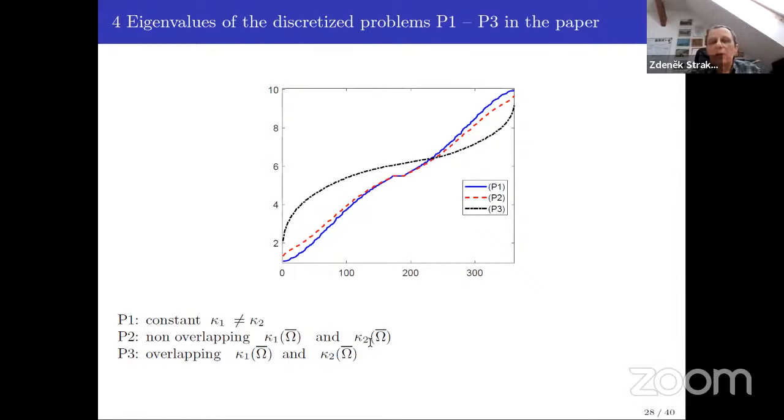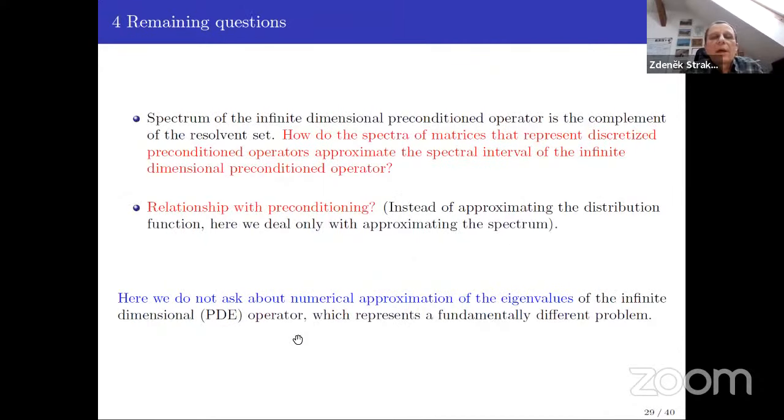So the question is there, can we prove that there is no hole? That it really will have to fill the whole interval eventually, if we, in theory, refine ad absurdum. Okay. So that leads to the question that remains. How do the spectra of matrices that represent discretized preconditioned operators approximate the spectral interval?